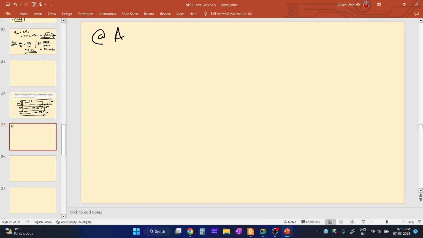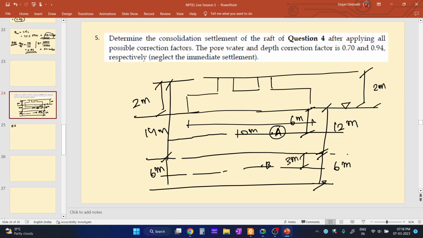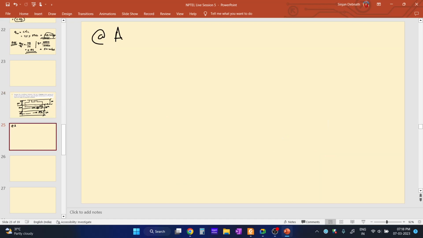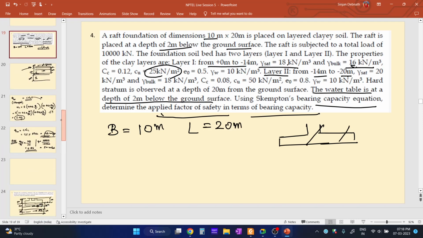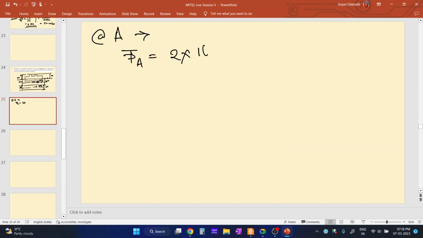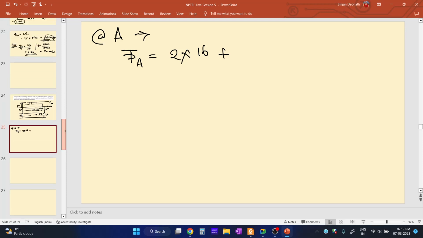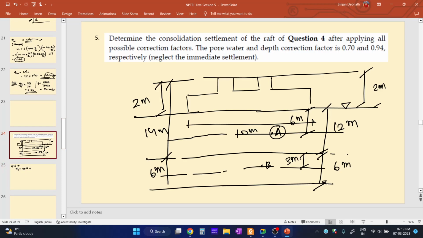So at point A, effective overburden pressure will be 2 into, P is equal to 2 into what is the gamma bulk? It is 16. 2 into 16 plus what is the thickness of this layer?